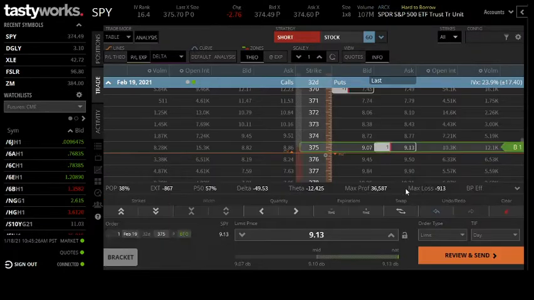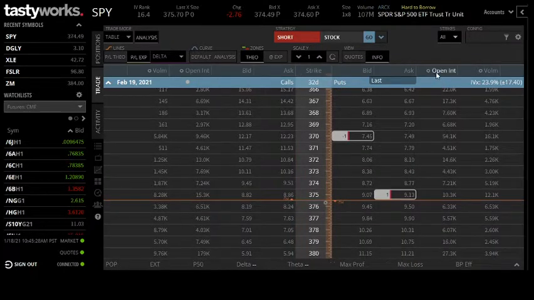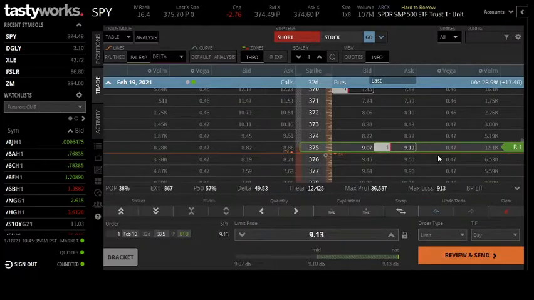So with theta, next we'll go to gamma or vega. So we were talking about vega. If you have just the at the money, every 1% your IV changes, your contract is gaining or losing 47 cents.